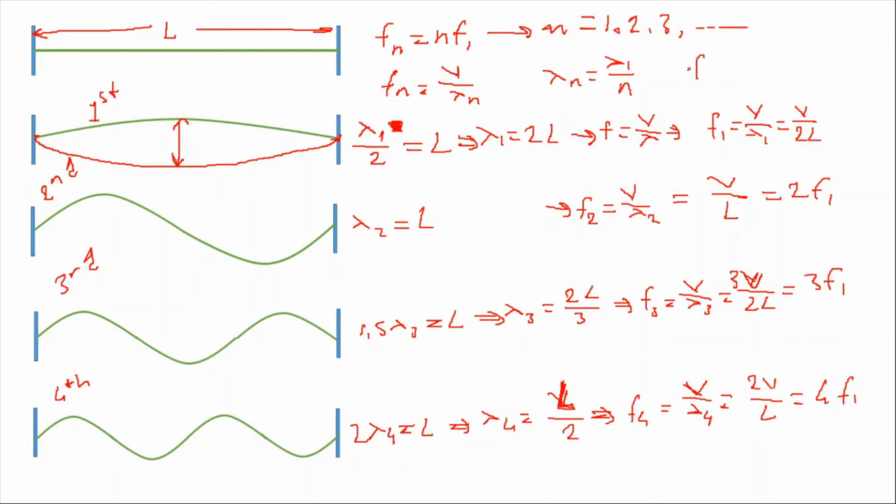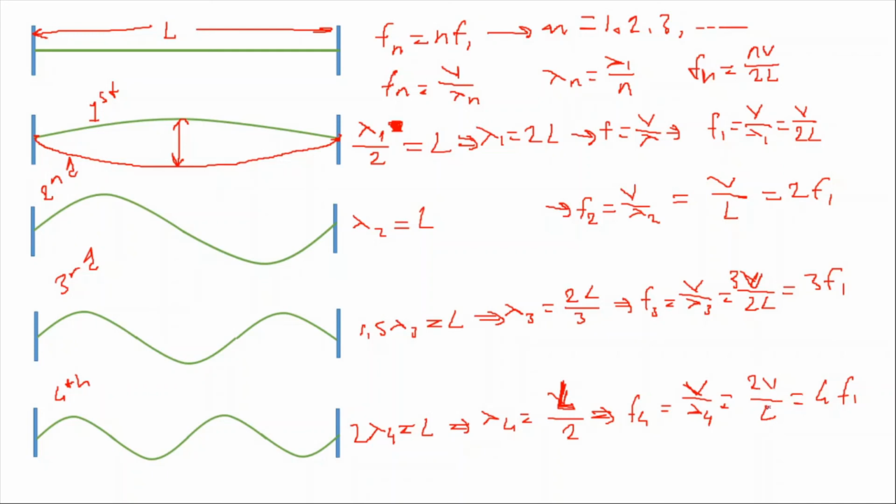One more, Fn can also be equal to nV over 2L. As you see, F1 is equal to V over 2L. And F2 is equal to V over L. And this is equal to 3V over 2L.